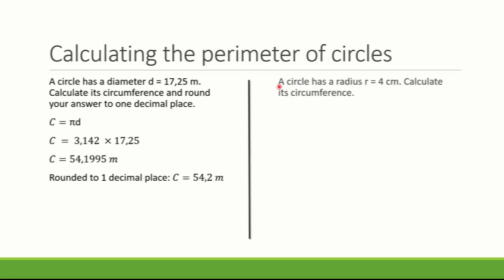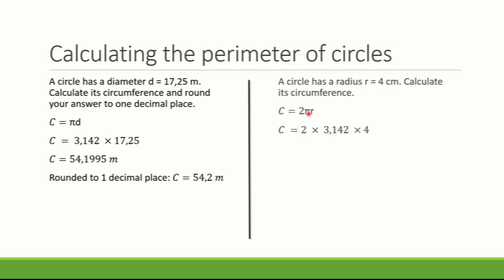The next example, the circle has a radius of 4 centimeters. Calculate its circumference. We're going to use the other formula for this one because we've got the radius, so it'll just make our life a little bit easier. We're going to use C equals 2 pi r. Let's swap all the symbols out for the numbers.